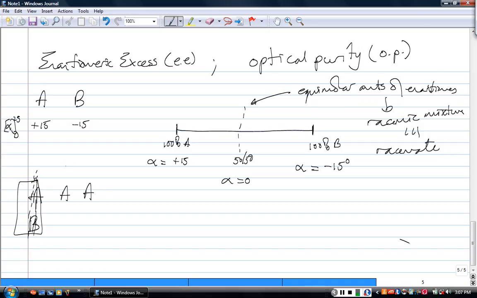So the mixture takes on the rotating direction of whichever enantiomer is in excess. Okay? Alright, so how do I handle mixtures that are not pure A or pure B or 50-50? And the answer is by the equations, by the terms EE and OP.